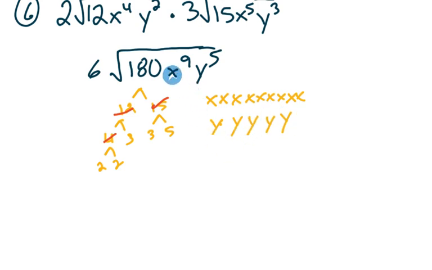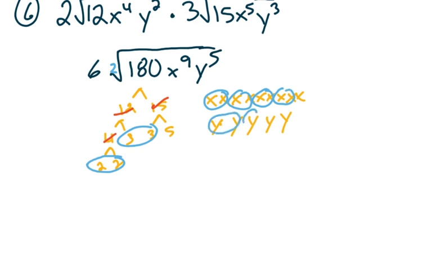That's okay. I'm just showing you a method that'll work every time. Now, because this is the square root, there's an imaginary 2 here, we're circling groups of 2 of a kind. So I've got a pair of 2's, a pair of 3's, 4 pairs of x's, and 2 pairs of y.